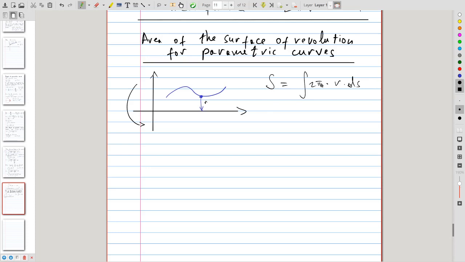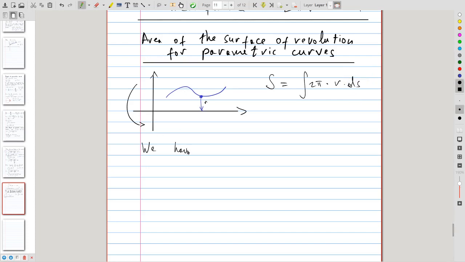Now, it will be absolutely natural to do this in terms of parametric curves, because we know how to express every term in here in the parametric case. So we know what ds is.